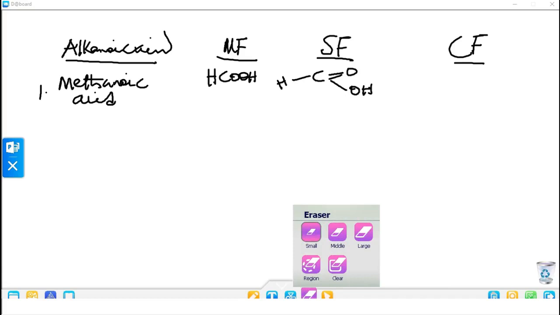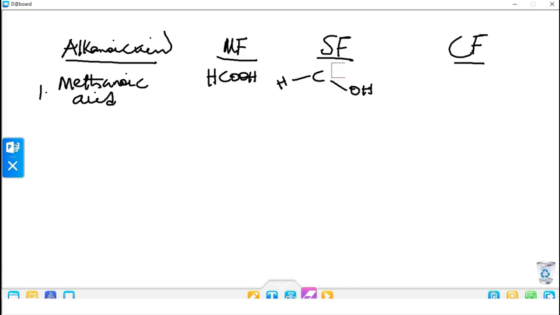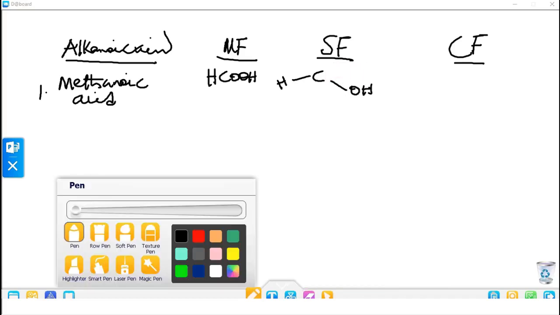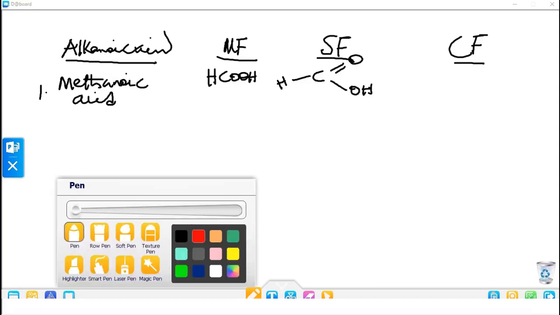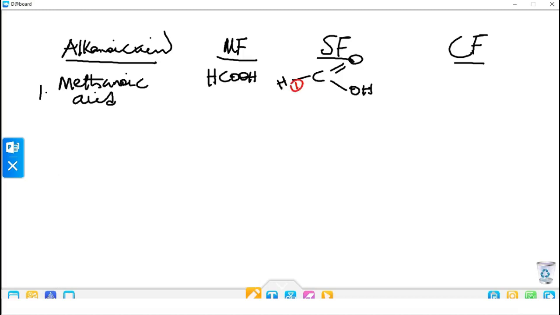To make it very clear, let us put it down this way so that we can get to understand. Don't forget, we have said that carbon must always have 4 bonds. So since carbon must always have 4 bonds, we have 1 bond here, 2 bonds from OH, and carbon is having 2 from oxygen, which is 1, 2, 3, and 4.